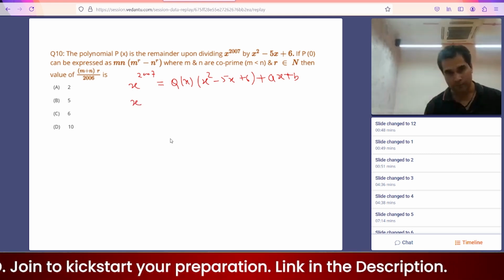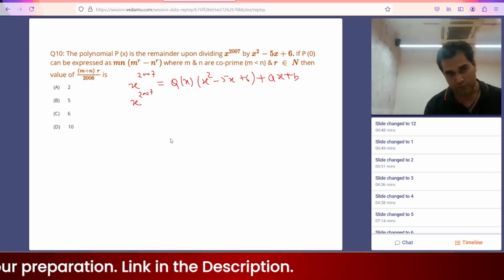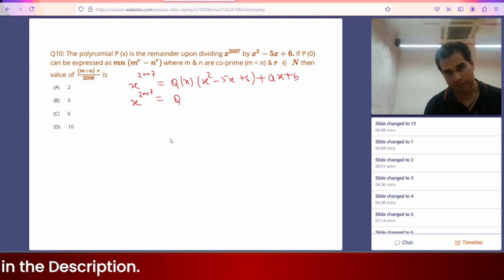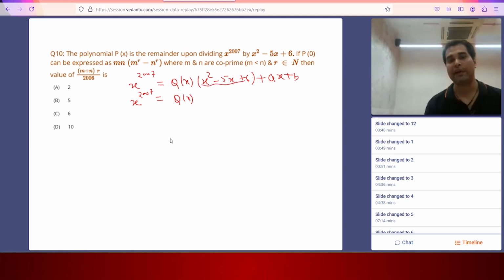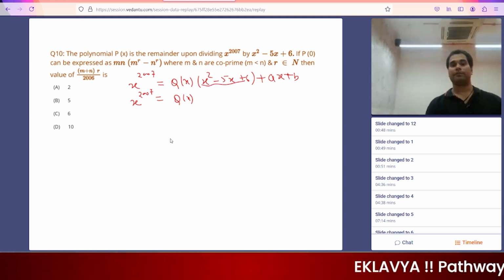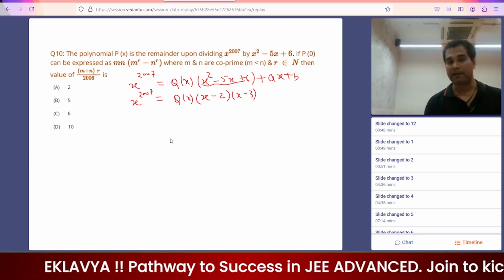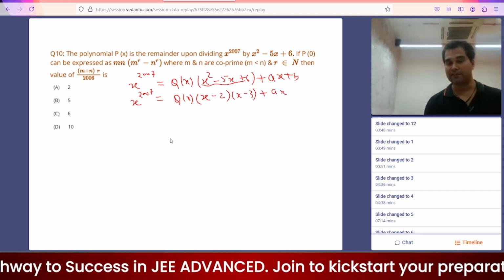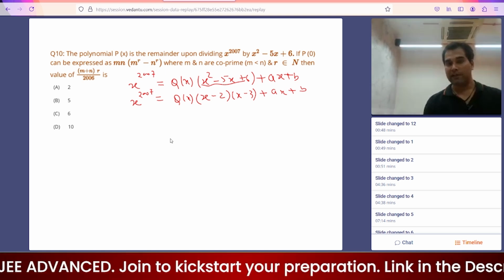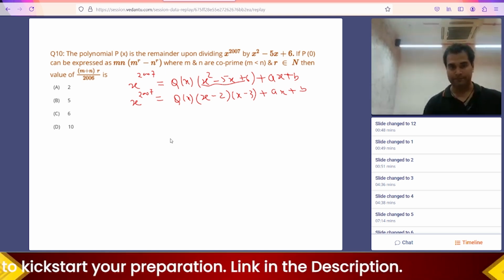So x^2007 equals q(x) times, when we factorize x square minus 5x plus 6, the factors x minus 2 and x minus 3, plus ax plus b.